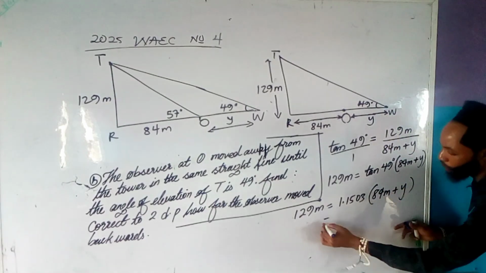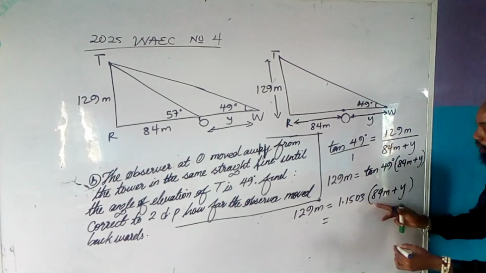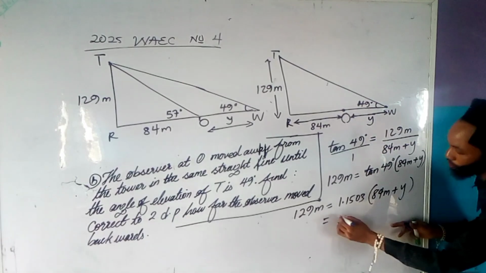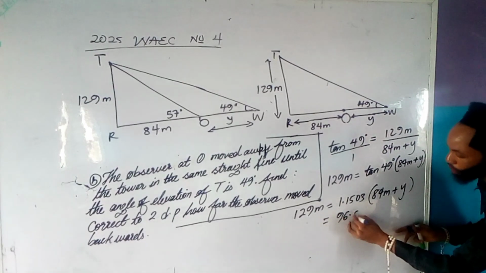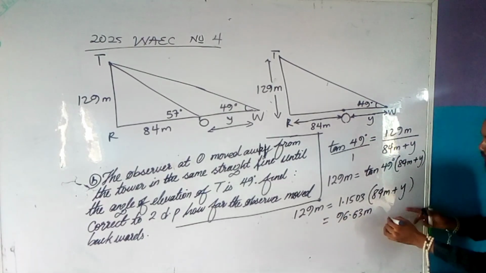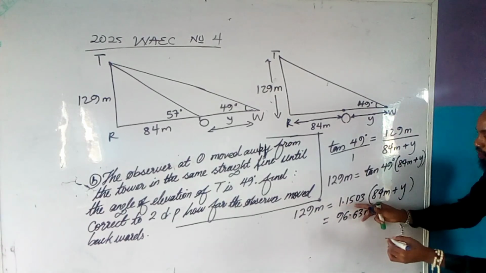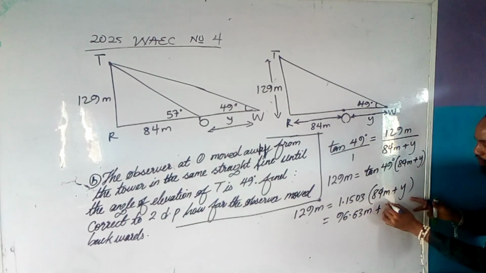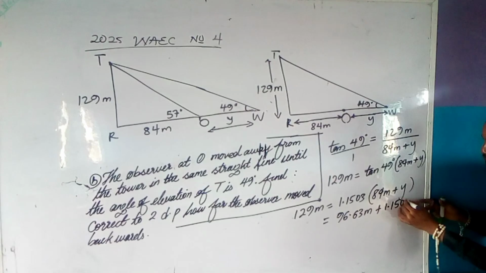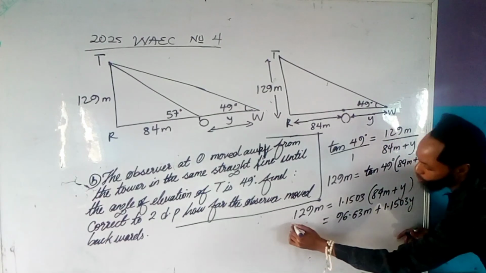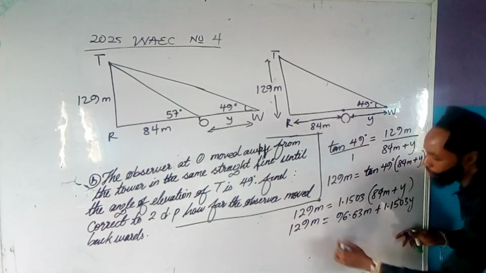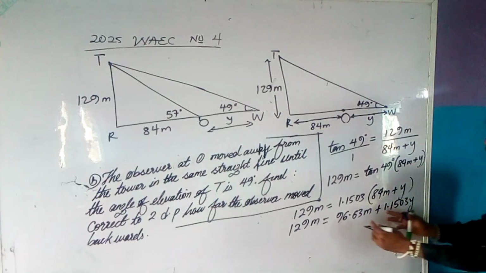So let's open the bracket. 1.1503 times 84 is 96.63 meters. Then 1.1503 multiplied by y. So we have 1.1503 y plus 96.63 meter equals 129 meter. Remember, we're looking for y, so we take this value over.